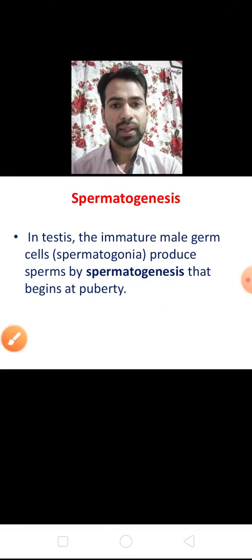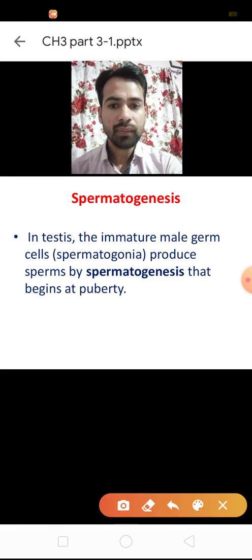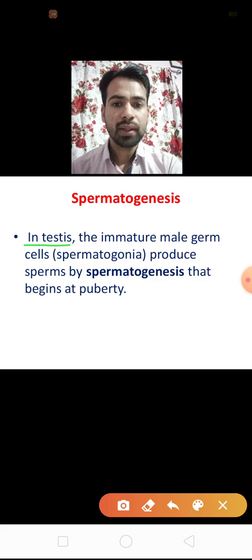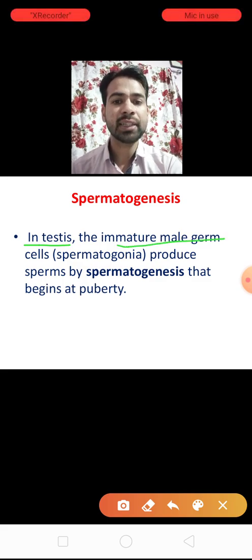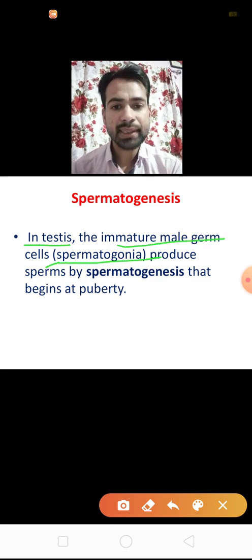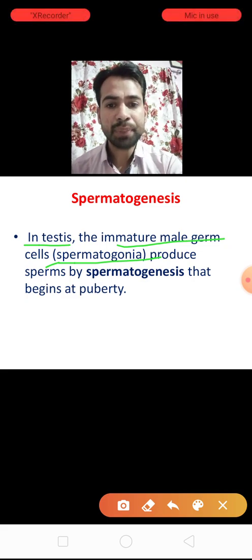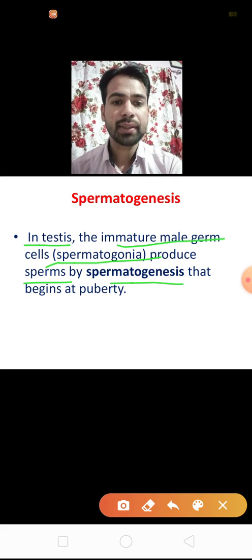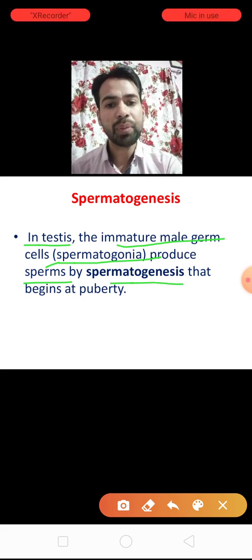Okay, as the name suggests, spermatogenesis is the process in which sperms are formed. See here, in testes, the immature male germ cells, that is spermatogonia, produce sperms by spermatogenesis that begins at puberty.